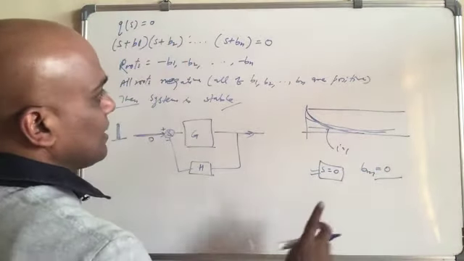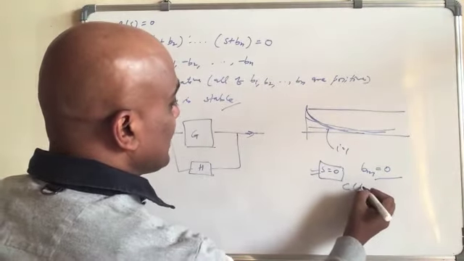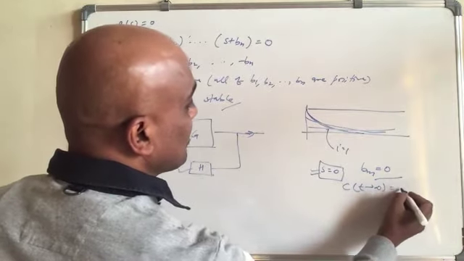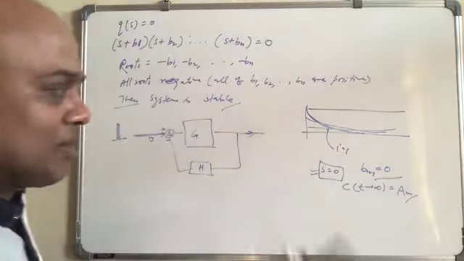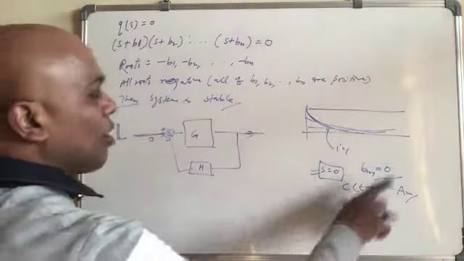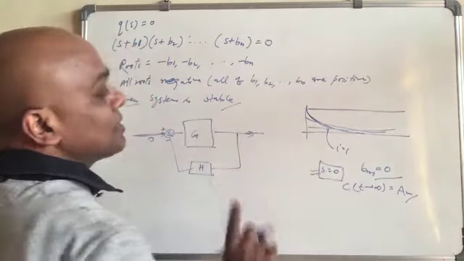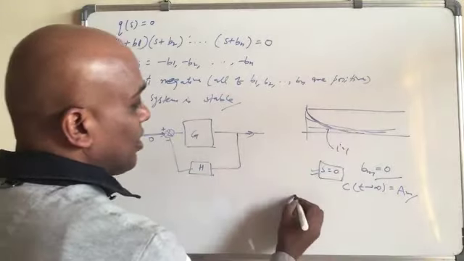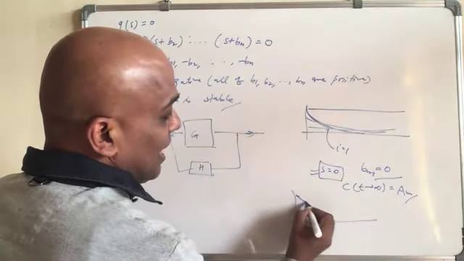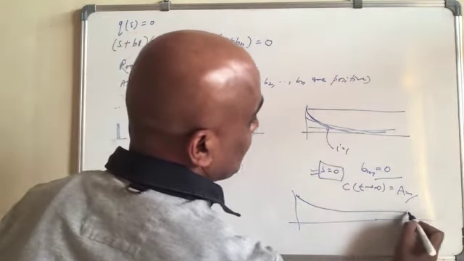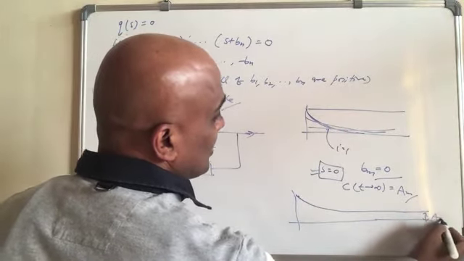If that is the case, our output value will be c(t) as t tends to infinity equal to am, that we just did today, right? So that really means if all the other roots are negative and only this root is 0, in that case the long-term value will go like this. At the end we will find some value am.